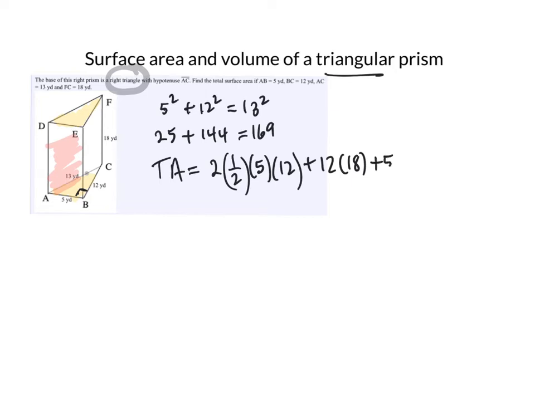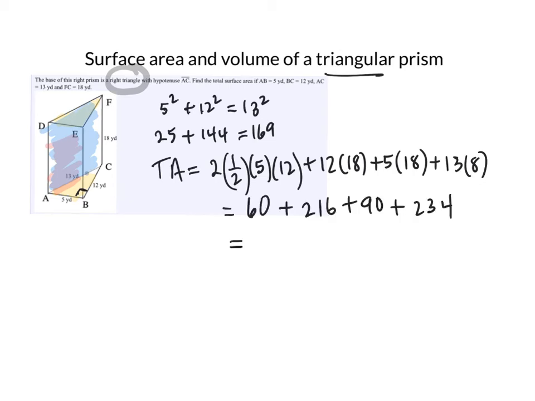So plus 5 times 18, plus we have a rectangle behind. Now the rectangle behind, it's a little hard to see, but it's right there across the back. It's 13 by 18. So I have to multiply all these out and add them together.